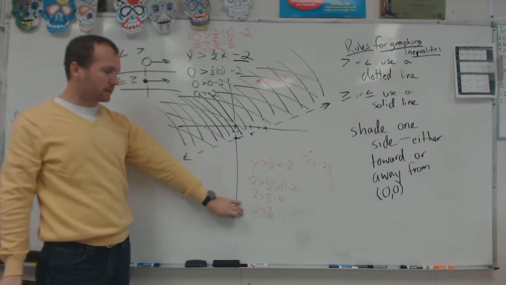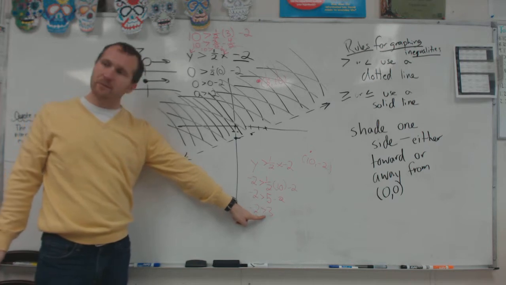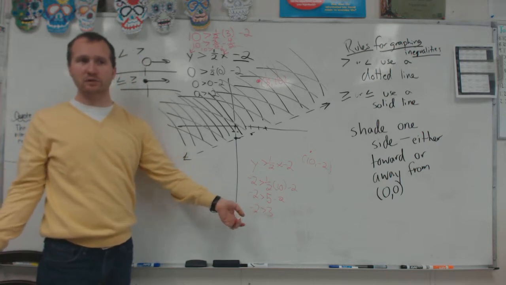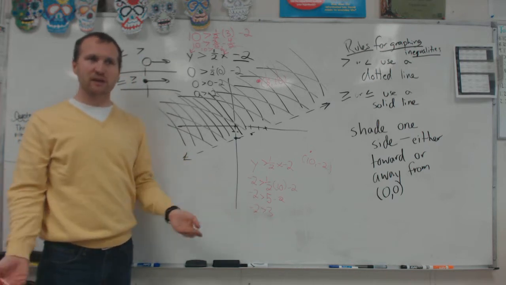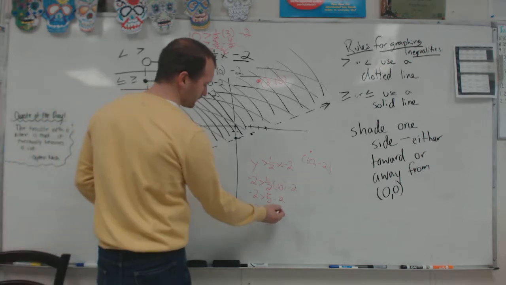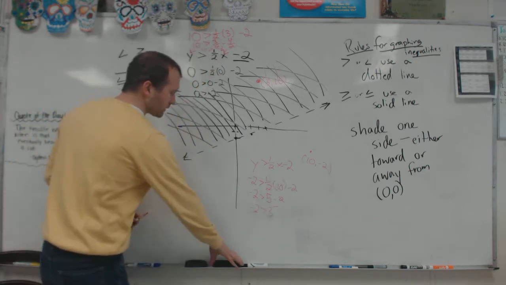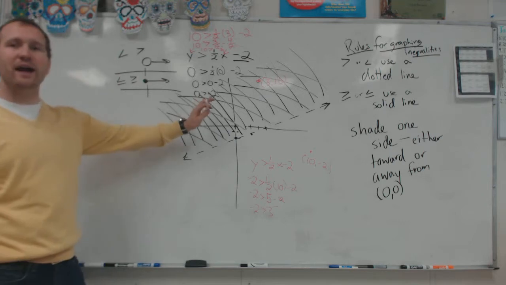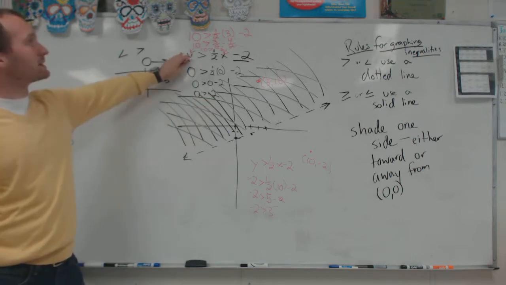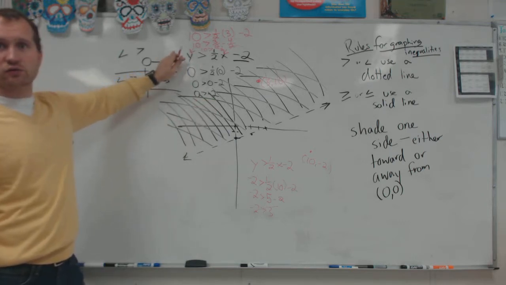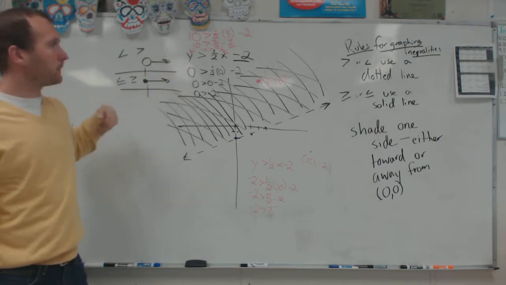Any point that I pick down here is going to make a statement that's not true, like negative 2 is greater than 3. That's crazy. Totally not true. So the shading represents every value that makes this equation true. Okay?